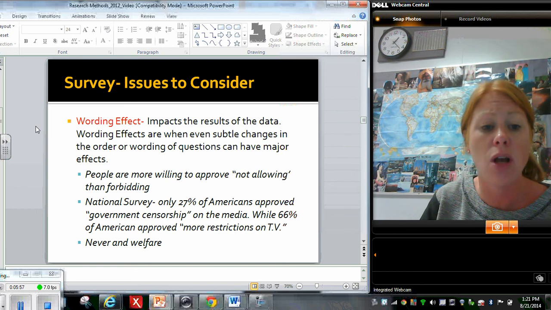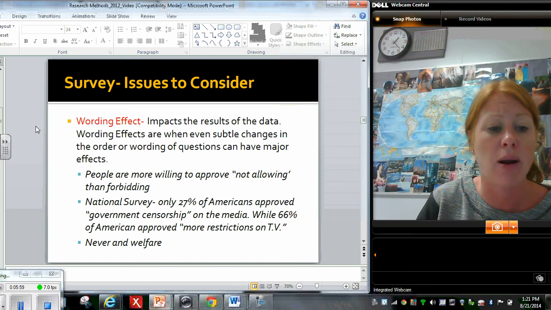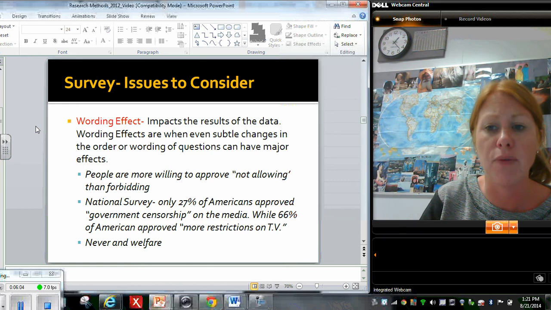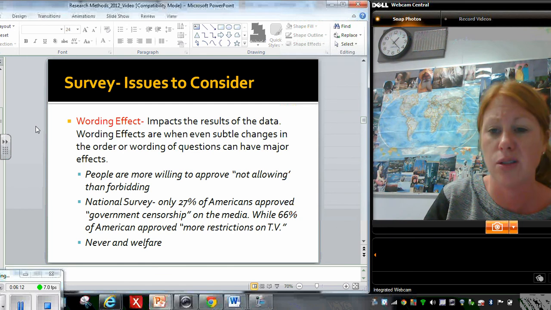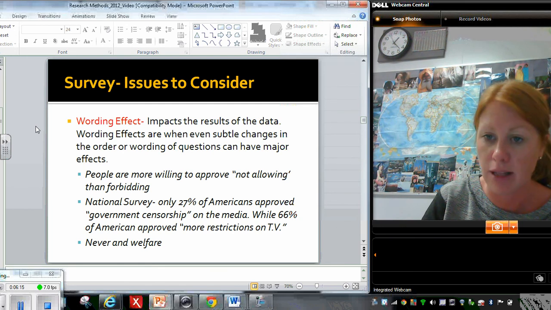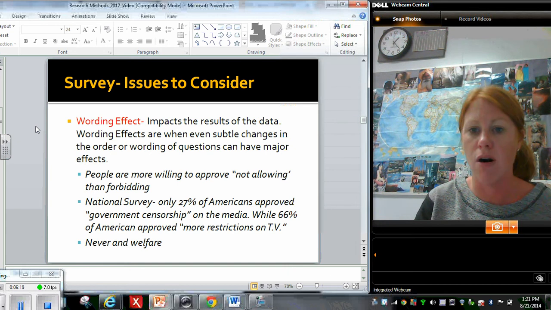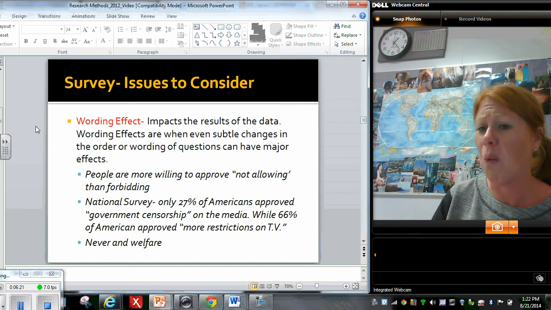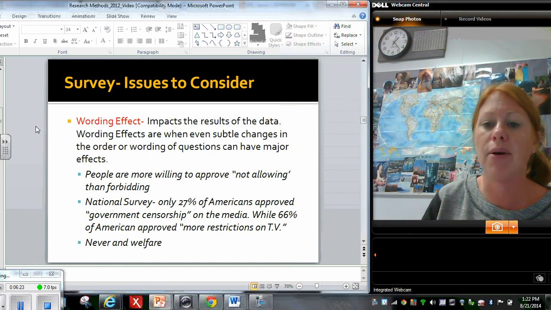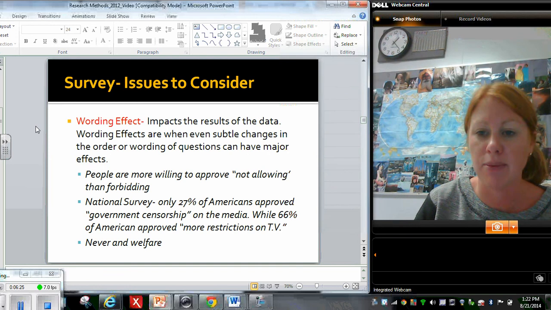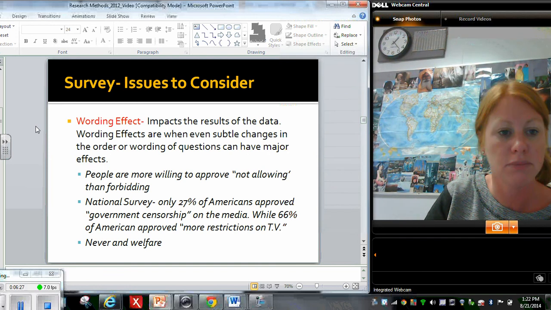Here are some wording effects. 27% of Americans approved government censorship of the media, not a lot of people, because it was called censorship. But 66% of Americans approved when it said "more restricted." So people were more accepting of that terminology. Same survey: people don't approve of words like "never." And a lot of people don't like "welfare." They'd rather select something like "helping people in poverty."